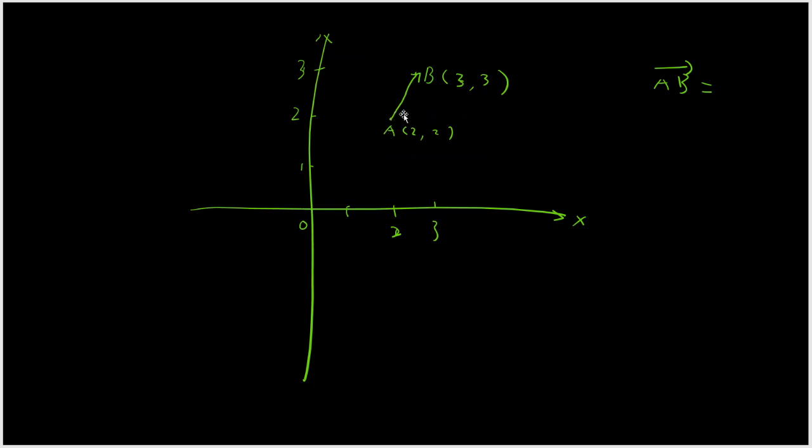You want to move this vector, without changing the length and the direction, so that the initial point is at the location of the origin. That is the vector which is equal to the vector AB.